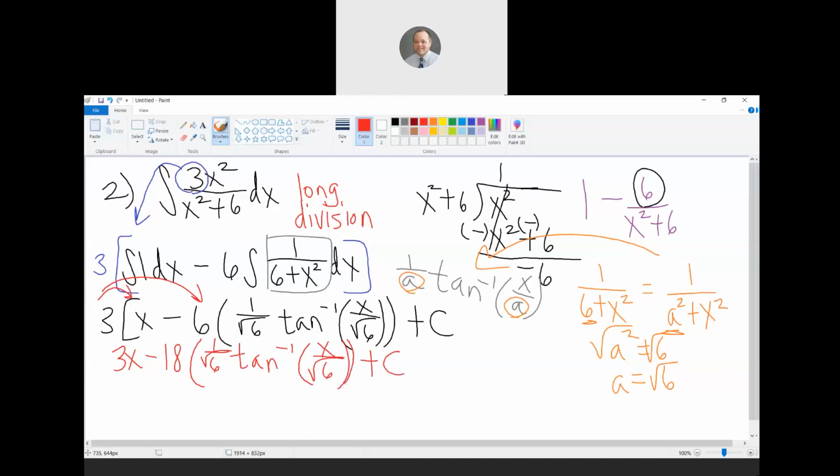The last little bit that we need to simplify is that 1 over square root of 6 part. Just rationalize the denominator by multiplying the top and the bottom by square root of 6.